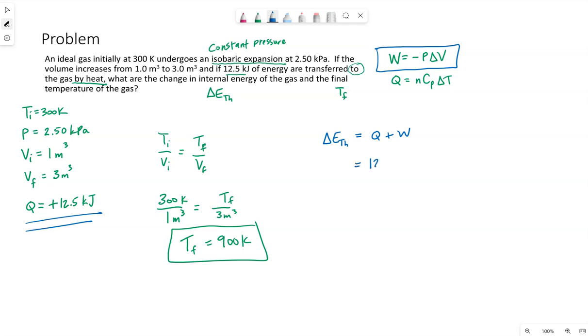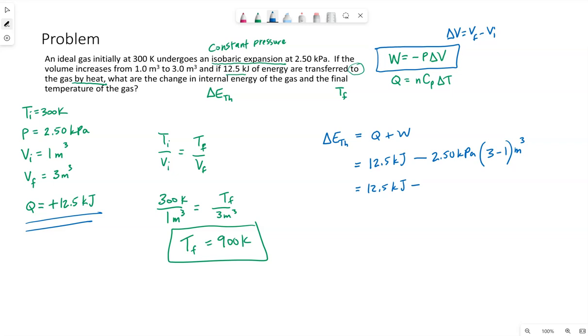All right, so we have 12.5 kilojoules for the heat. The work is negative P, which is 2.5 kilopascals, times delta V. Delta anything is always the final value minus the initial. So 3 minus 1, both of those are in meters cubed. So Q, 12.5 kilojoules.